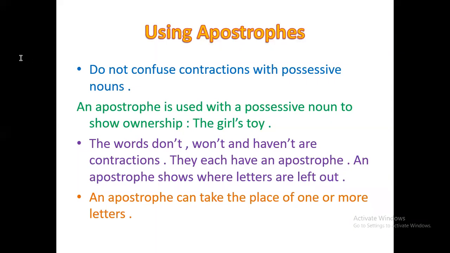So we don't want you to feel confused between contraction and possessive. If we want to use the apostrophe in the possessive, for example, we will say Aya's house. Aya's, I like to use my name. Aya's flower.